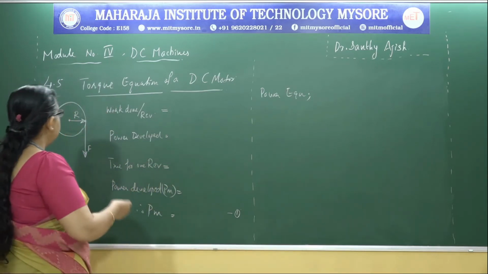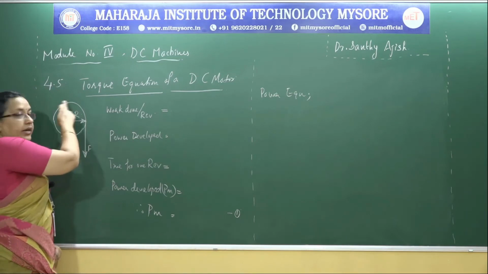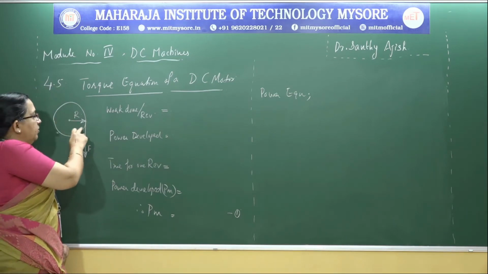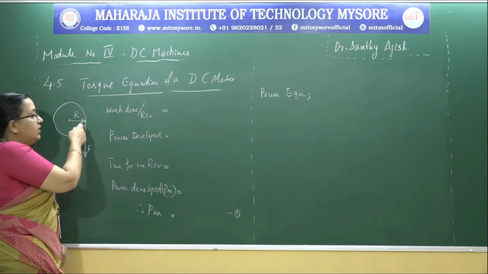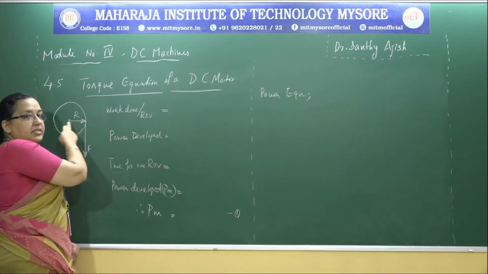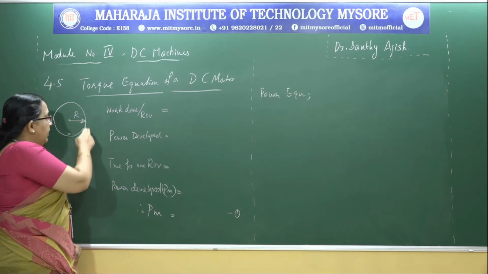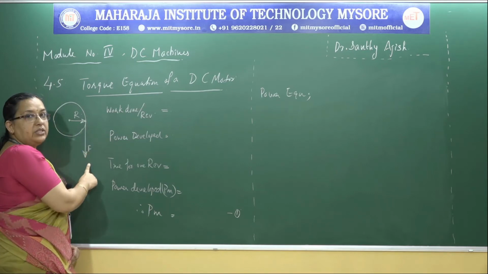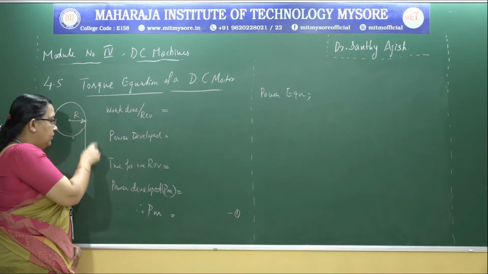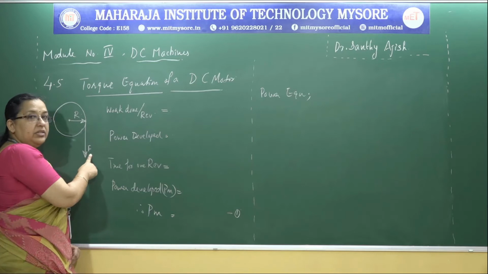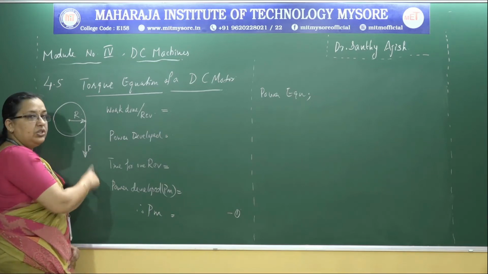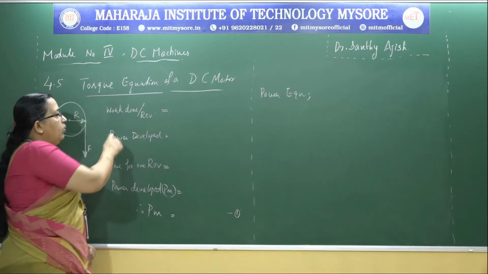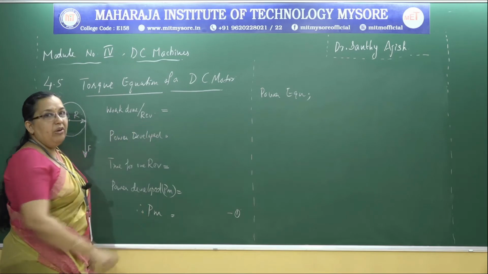So now consider the drum, or the motor, or the armature. Let us consider its radius as R, and the tangential force acting on the armature as F. Now what is the work done per revolution?